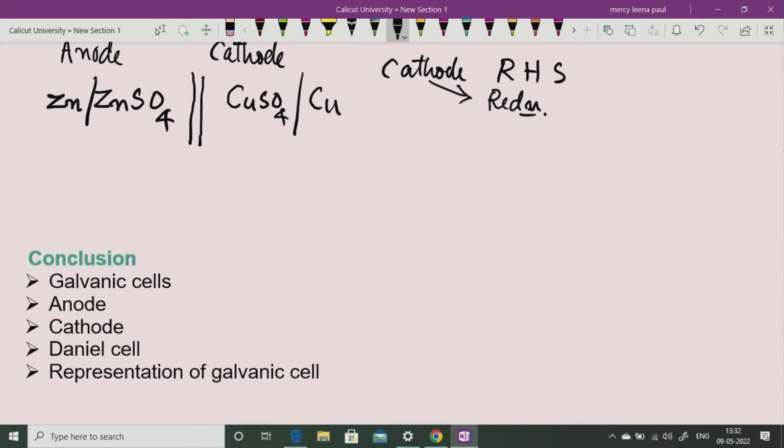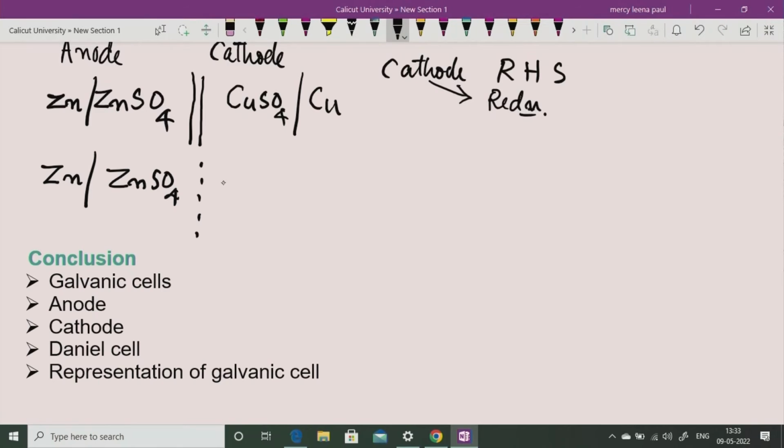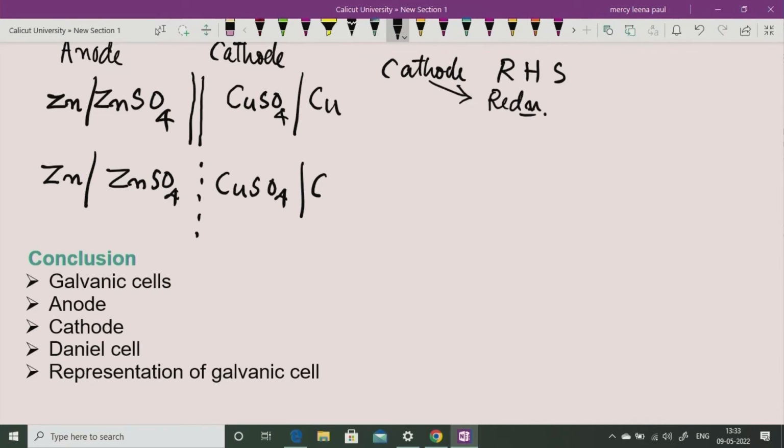In Daniel's cell, there was a difference: we have zinc rod in contact with zinc sulphate solution, but here we have been using a porous diaphragm, which is shown by a broken line. Then we have copper sulphate solution and then copper, and the external circuits are from these two metals.